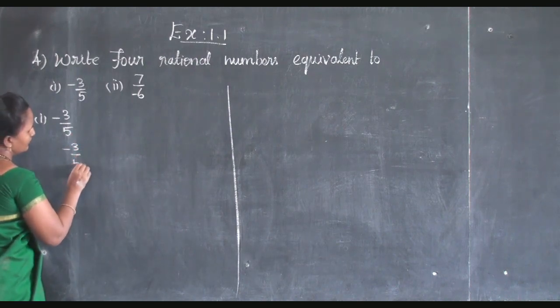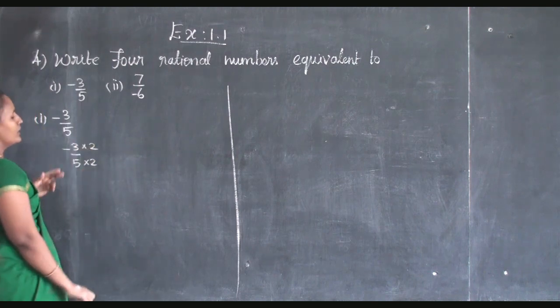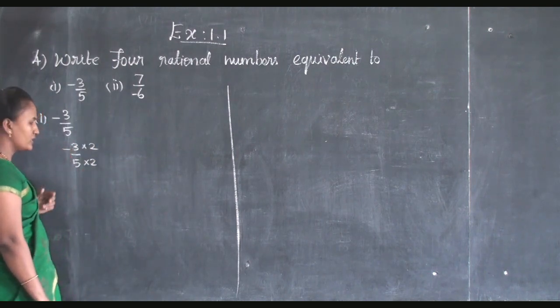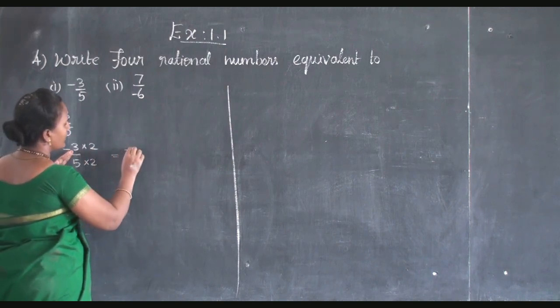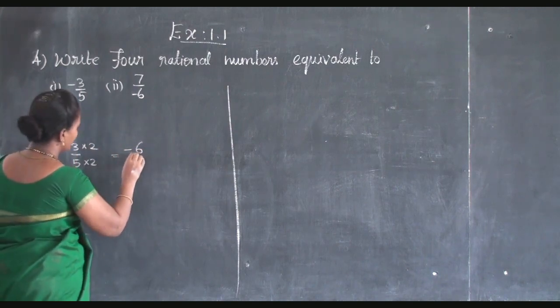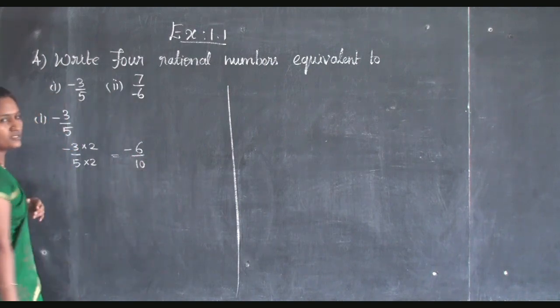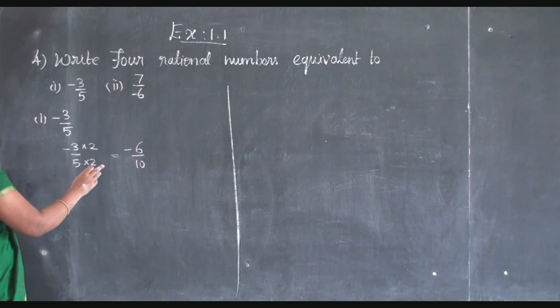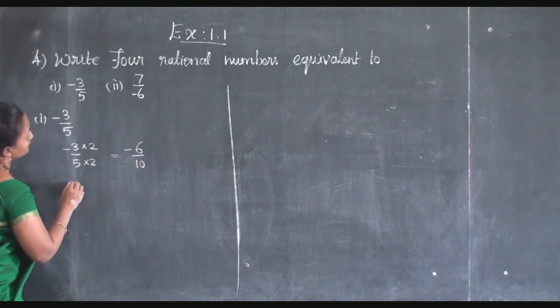We multiply by 2 in the numerator and denominator also. First number, minus 3 into 2 is minus 6 divided by 10. This is also a rational number and equivalent to minus 3 by 5.